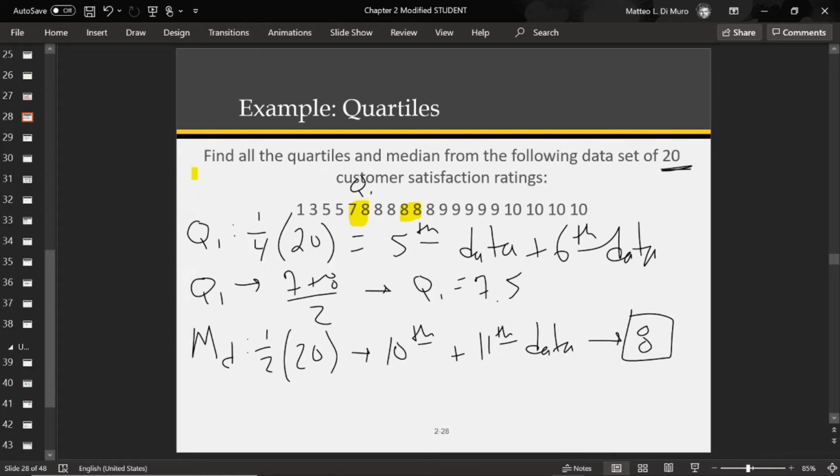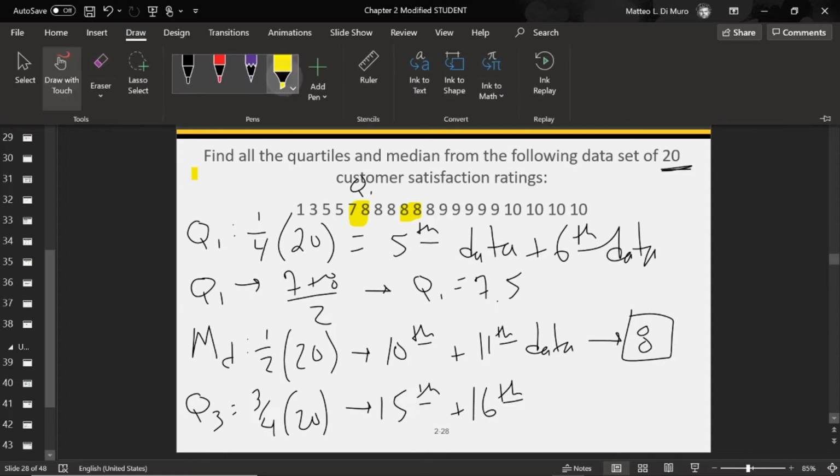Perfect. Now, we also need to figure out Q3. So Q3, or the third quartile, is going to be 3/4 times 20, which unfortunately is going to give us the 15th data point. So because we got an exact integer, we're going to go 15 and 16th.